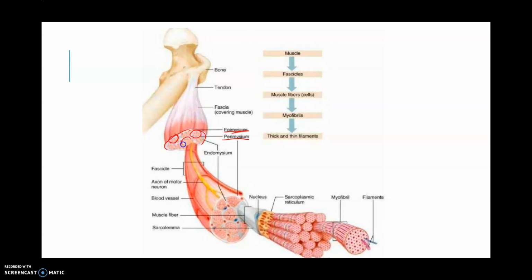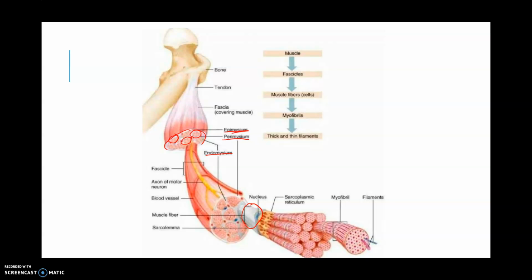That's our perimysium. And then if we get even smaller, our endomysium is covering each one of our fibers here that we can see. So this is an individual muscle fiber right here. So each fiber is going to be covered by our endomysium.